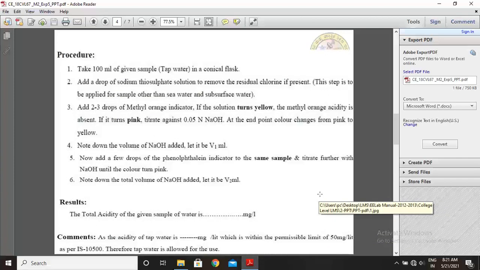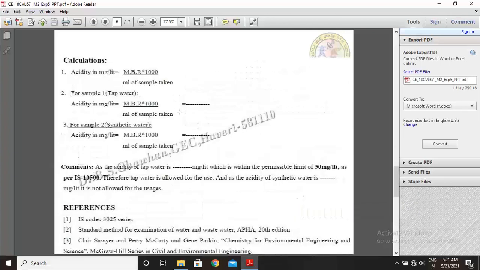Then do the calculations. Acidity in milligram per liter is given by the formula MBR into 1000 divided by ml of sample taken. This is the acidity formula. For sample 1, that is tap water, acidity in milligram per liter equals MBR into 1000 divided by ml of sample taken, giving the value in milligram per liter.